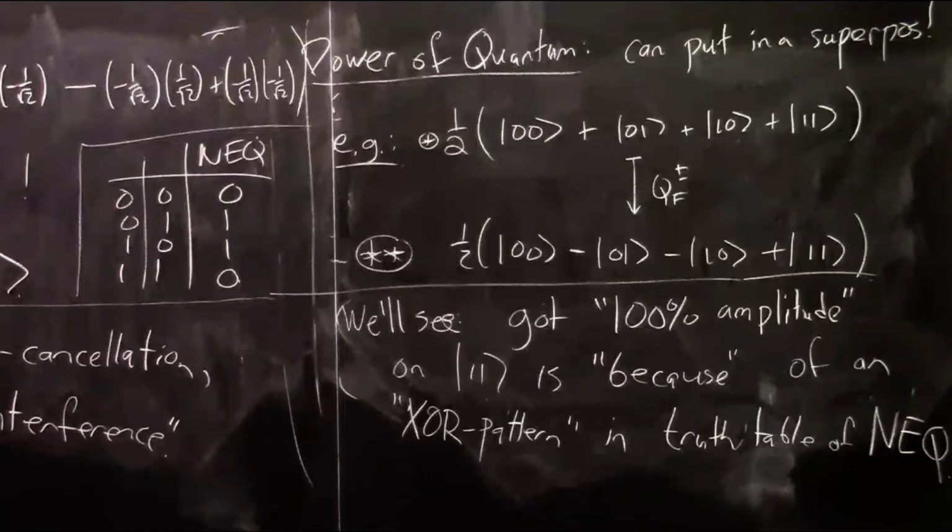Then this thing revealed an XOR pattern in that truth table. And since we now know that 1, 1 came out, we can, as classical humans, get that out just by measuring. If we measure now, we'll just see 1, 1 on our readout device with 100% chance.